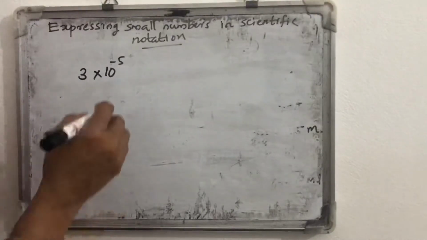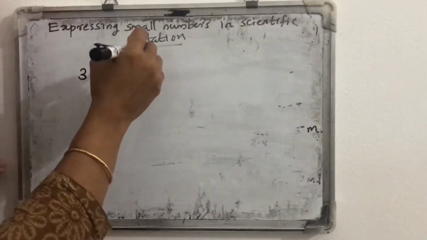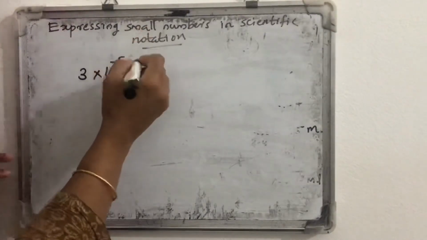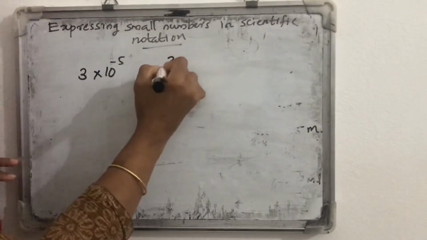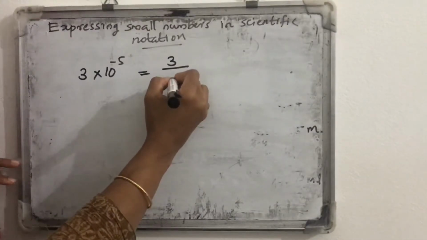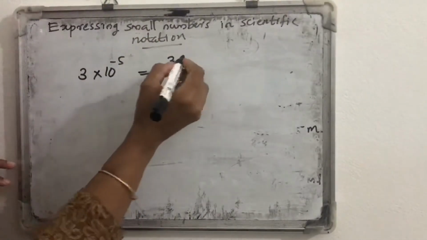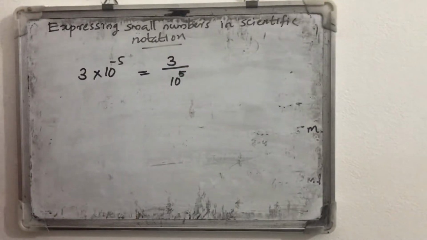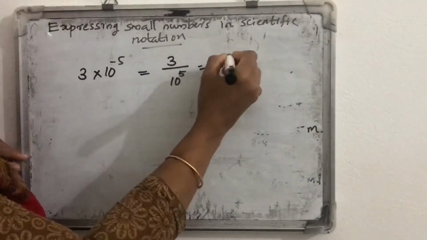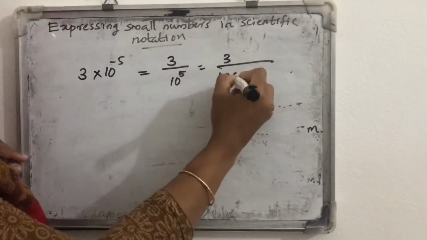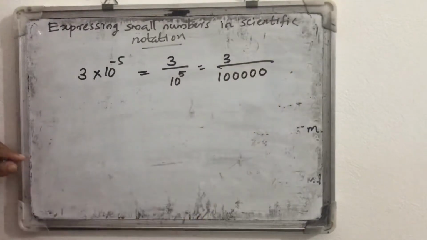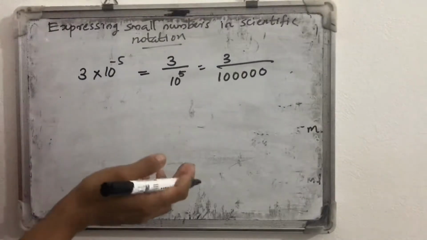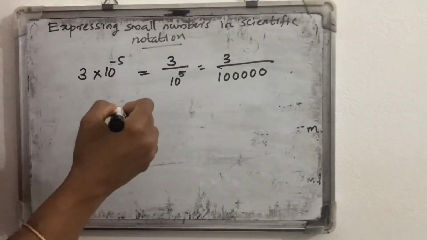We can write this number as 3 by 10 raised to minus 5. When we write it in the denominator, it becomes 10 raised to 5. That is equal to 3 by 1, 2, 3, 4, 5 zeros.